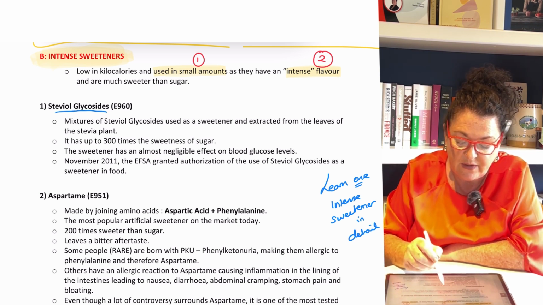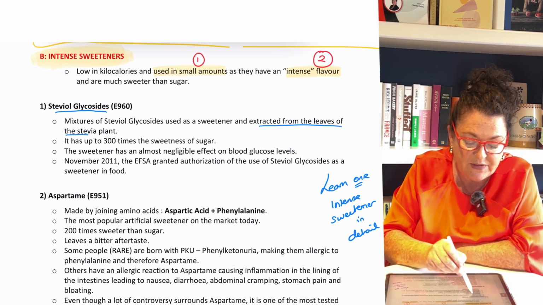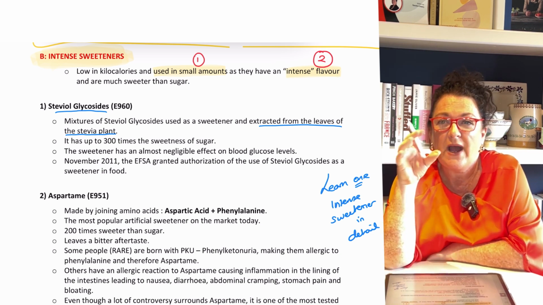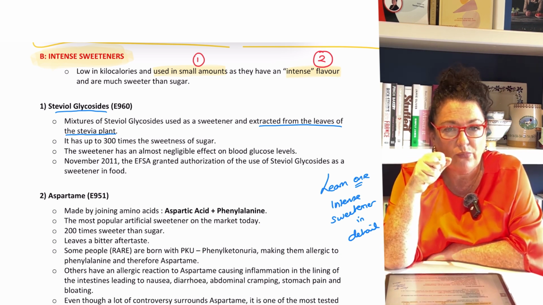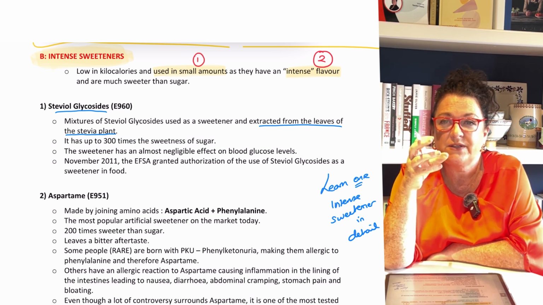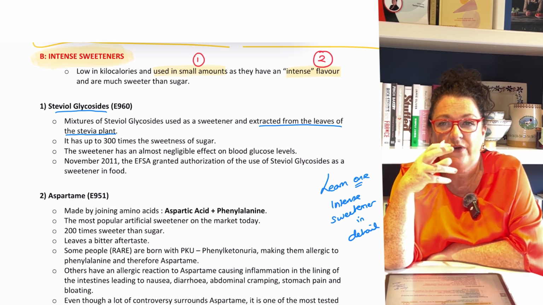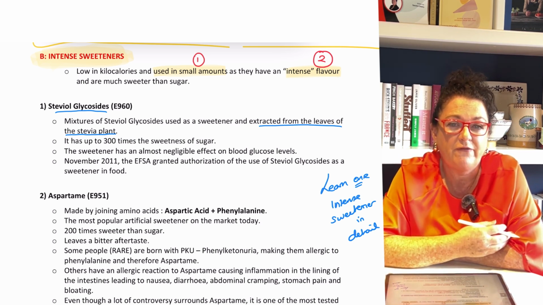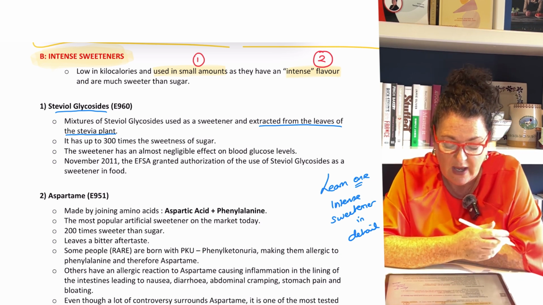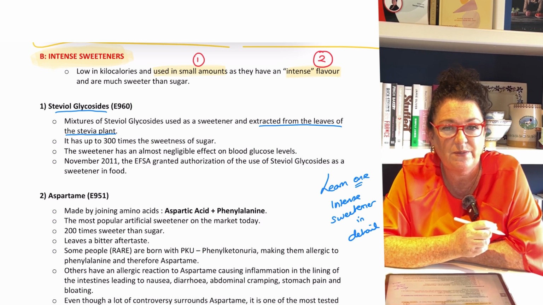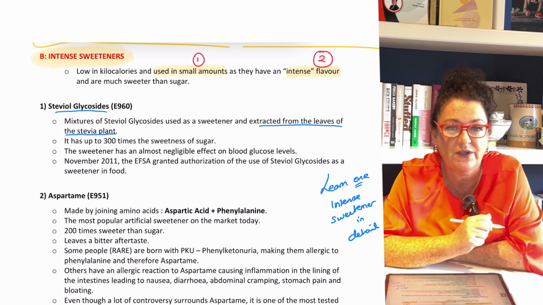The steviol glycosides are extracted from the leaves of the stevia plant. Now, the stevia plant is a natural plant, but whatever happens during the extraction process, when they're trying to take the sweetness out of the stevia plant, the FDA, which is an organization in the US that would carry out very strict safety checks on various food products, drugs, etc. For a long time, they did not allow steviol glycosides to be sold on the open market to consumers.